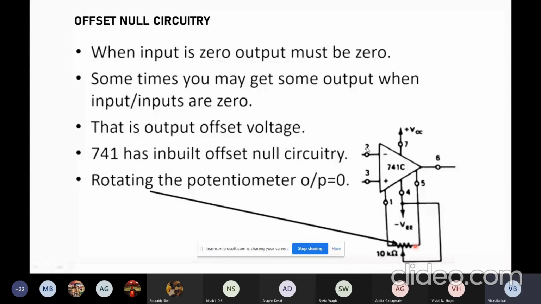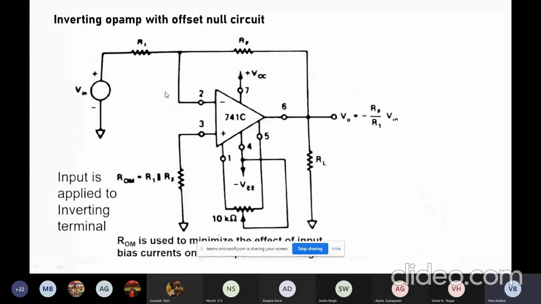So to do that, I use something called offset null circuitry. Let's try to understand it in terms of the inverting op-amp configuration, the non-inverting configuration, as well as what is known as the differential configuration. Now there is something called offset null circuitry which is built into the op-amp. If I show you the op-amp pin configuration, there are the input offset null pins.